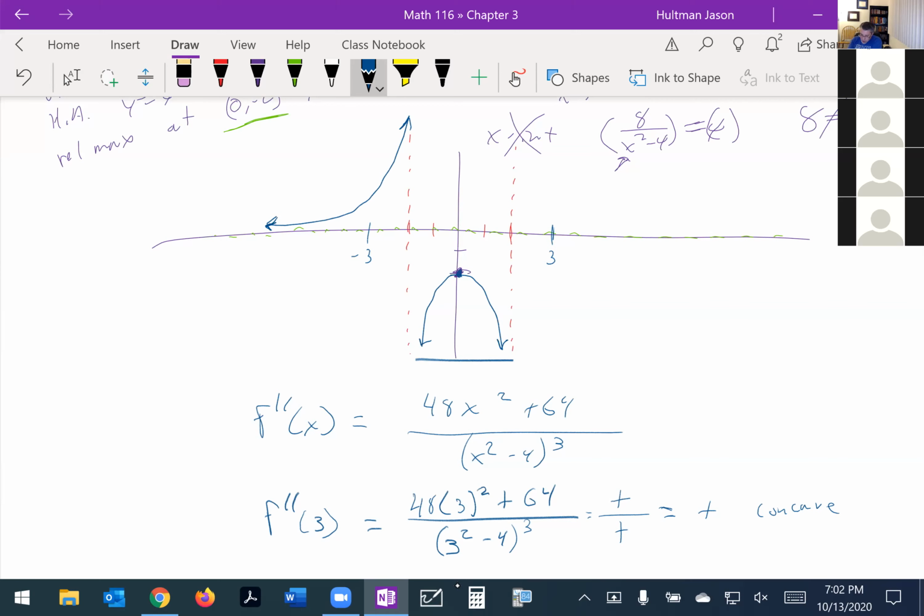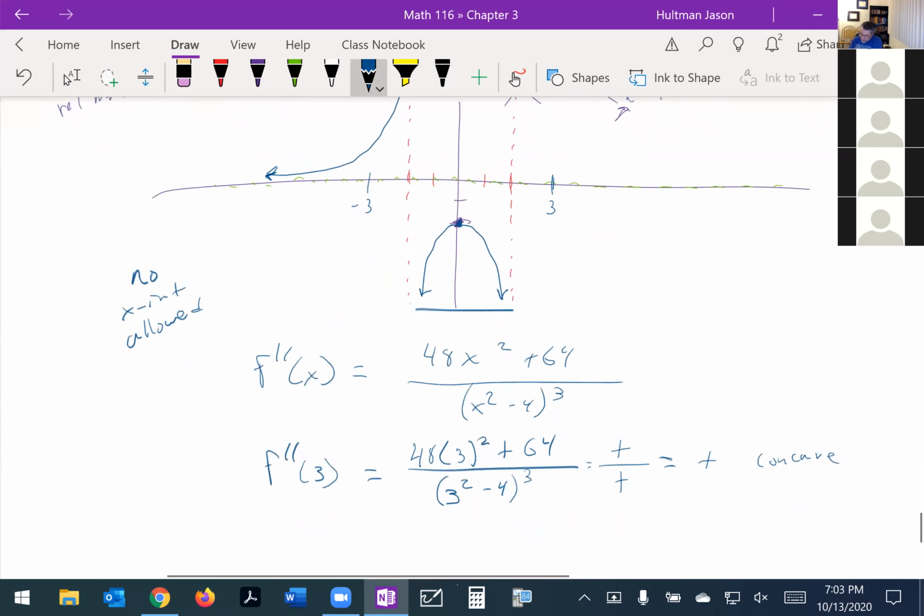I couldn't have it be concave up down here, because I'd have an x-intercept, and we already knew that there was no x-intercept allowed. If I had it down below, it would go through the x-axis, and I can't have that. So we know it's got to go like that.